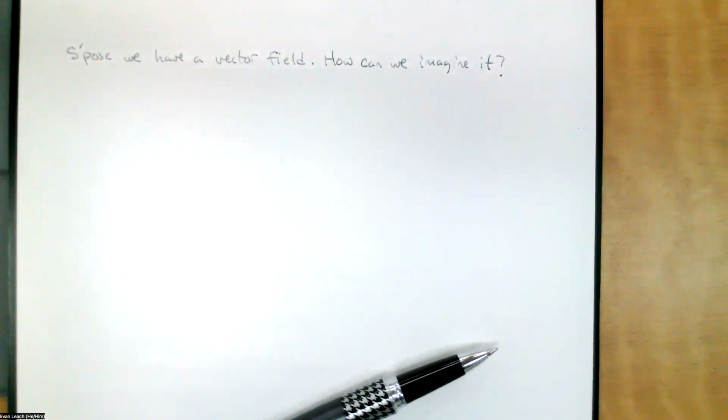Let's suppose that we have a vector field. What can we do to imagine it? And what will we do when we think of it that way? So we want to think of a vector field in R2. I want you to imagine, let's say, the surface of the water.